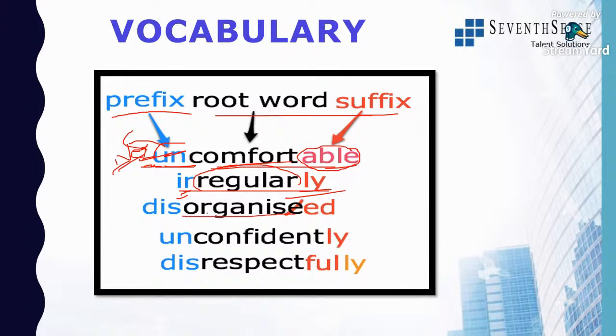Organized has a positive meaning, but dis changes the meaning into a negative: disorganized. Confidently, unconfidently. Disrespectfully. Dis is negative. Please make sure you are aware that prefixes have two types of roles: negative prefixes and positive prefixes.